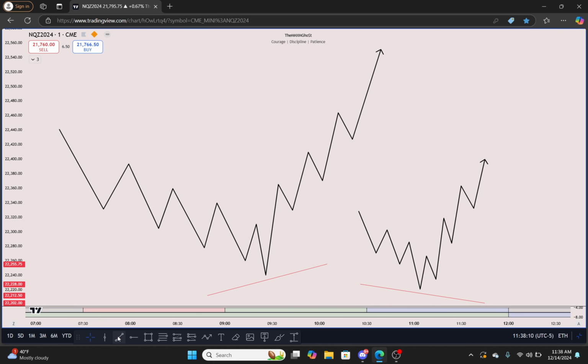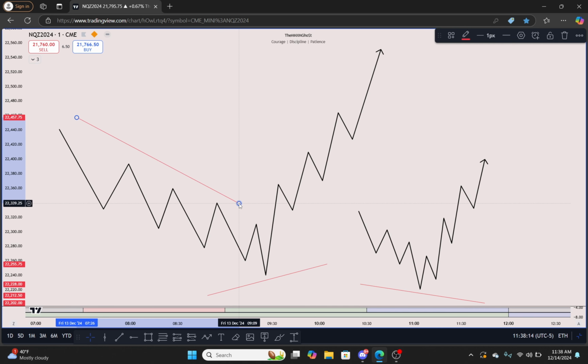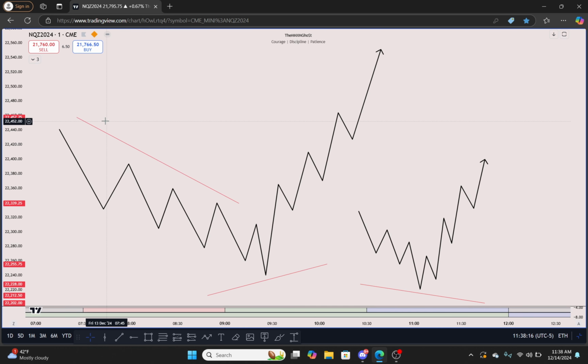So anytime there's LR, or low resistance liquidity, stacked on the left for my bullish setups, I love to see LR. That way I know upon the expansion, it should be quick, easy, and fast.